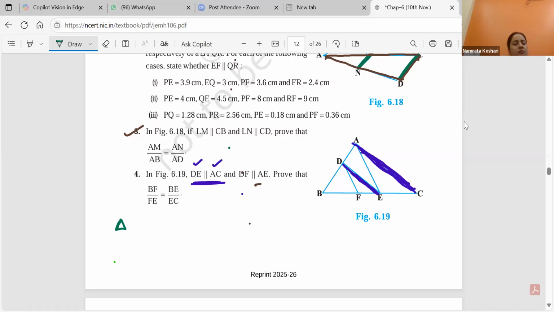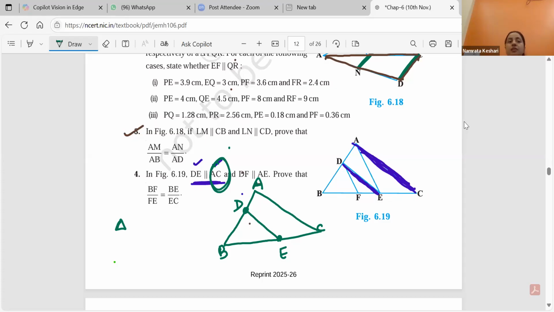Why ABC? Because AC side is included. AC is parallel to DE, and the condition is that DE must touch the other two sides at two distinct points. Yes, it is touching the other two sides. Can you see it? Yes, ma'am. Are you getting it? Yes, ma'am. Everyone.